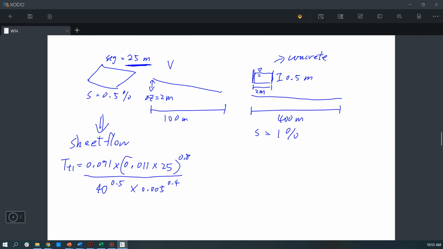Okay, then we can calculate that this is 0.043 hours.